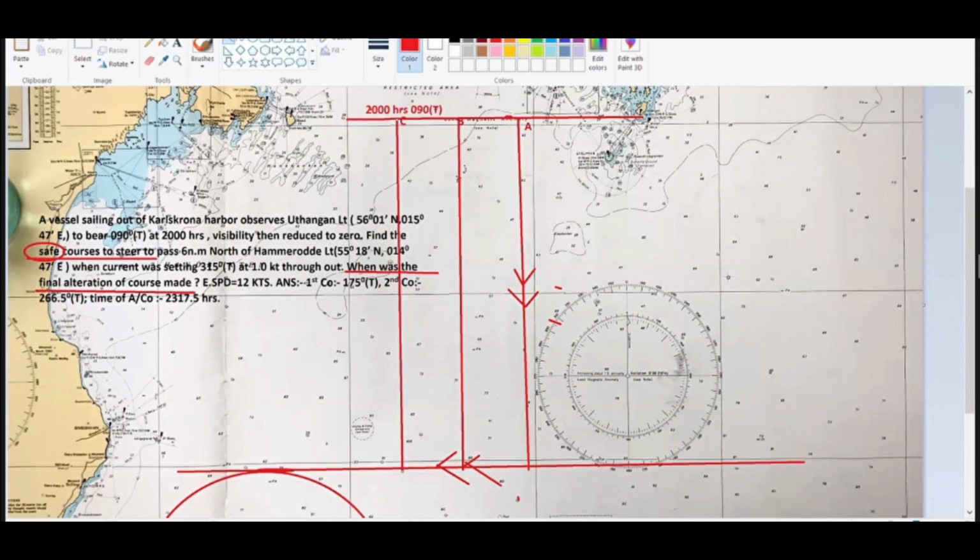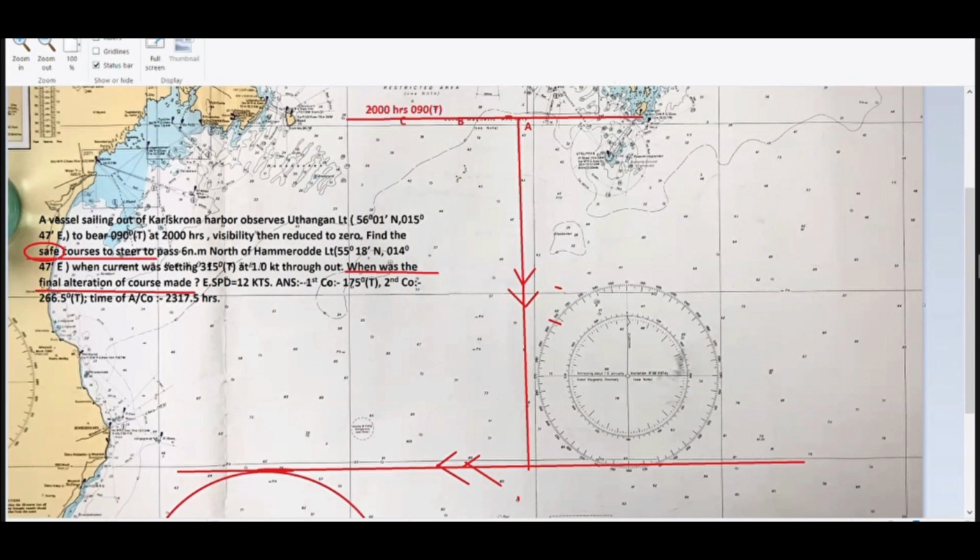Now second course. From the R point, there is a second course made good, arrow is shown. So from R again counteract, for the finding of the second course. So second course, 315 again put it, apply that 315.